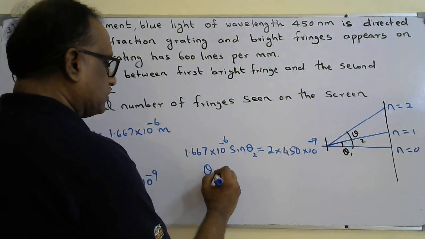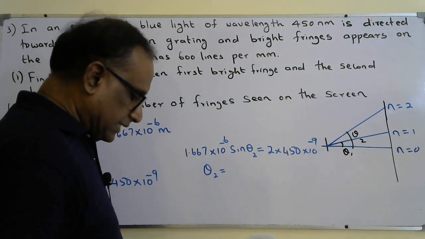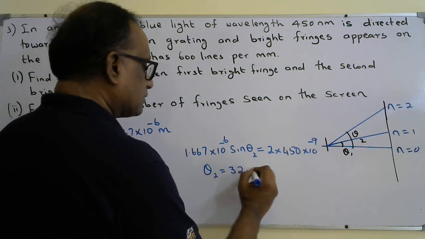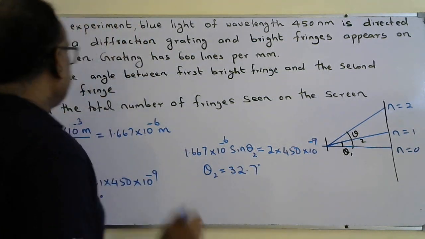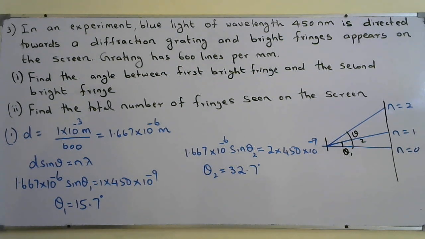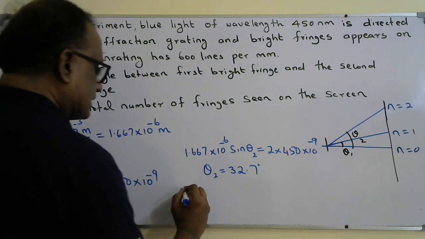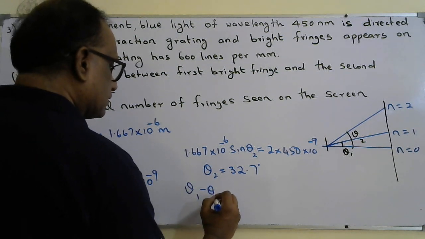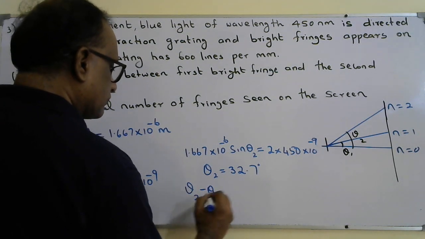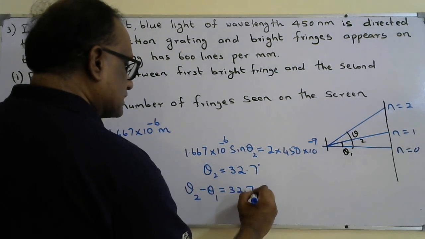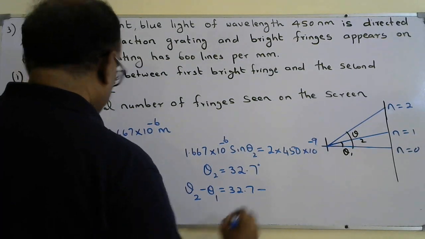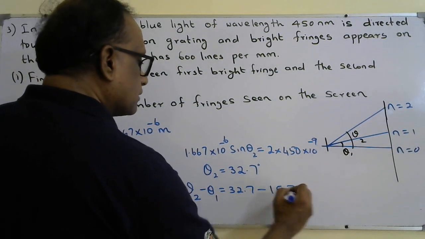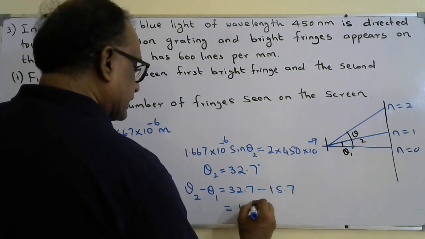So find theta 2, and you will get 32.7 degrees. The question is to find the angle between the first bright band and the second bright band. So theta 2 minus theta 1, that's the first part: 32.7 minus 15.7, so it will be 17 degrees.